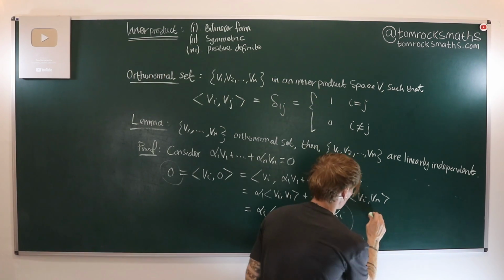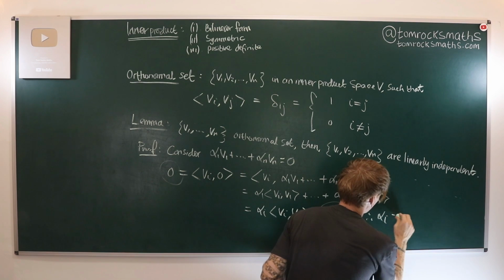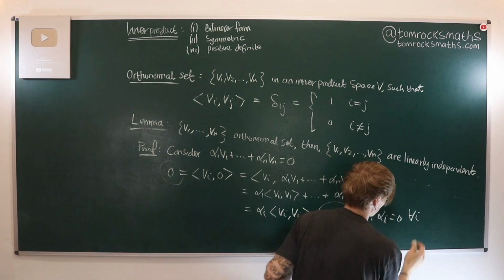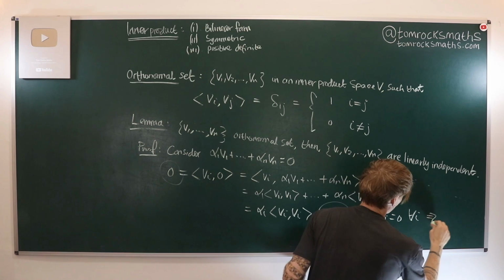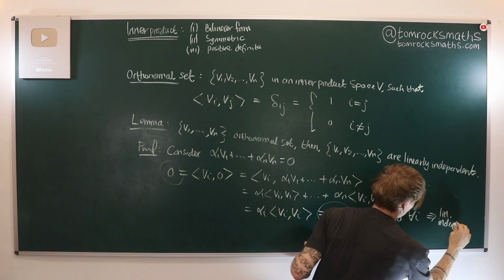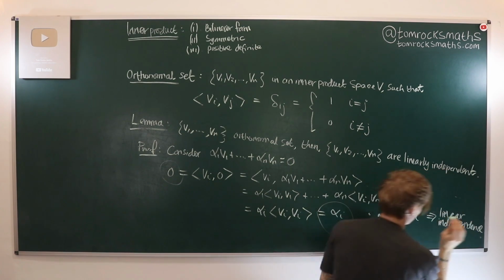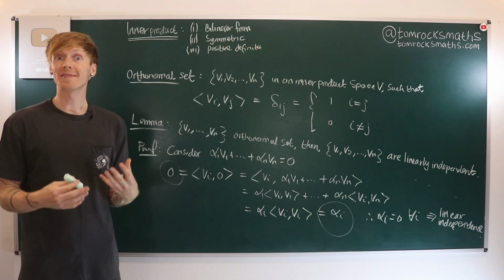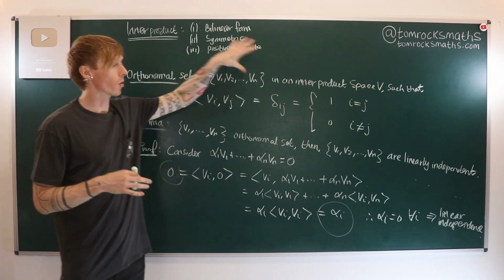So therefore the alpha I is 0 for all I from 1 to n, and so that allows us to conclude that we do indeed have linear independence. So now we have linear independence of our orthonormal set.